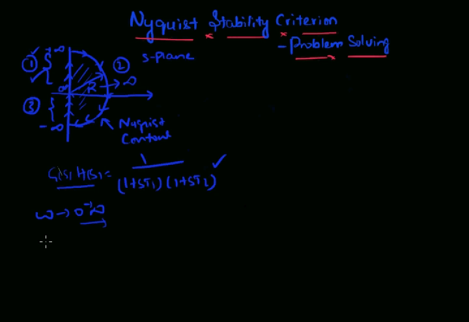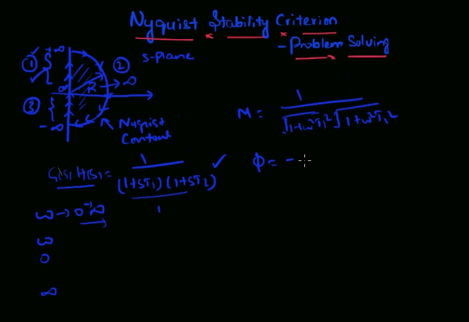Now when omega is changing from 0 to infinity, if you look at the magnitude of the G(s)H(s) function, the magnitude M is going to be 1 over square root of 1 plus omega squared T1 squared, times square root of 1 plus omega squared T2 squared.